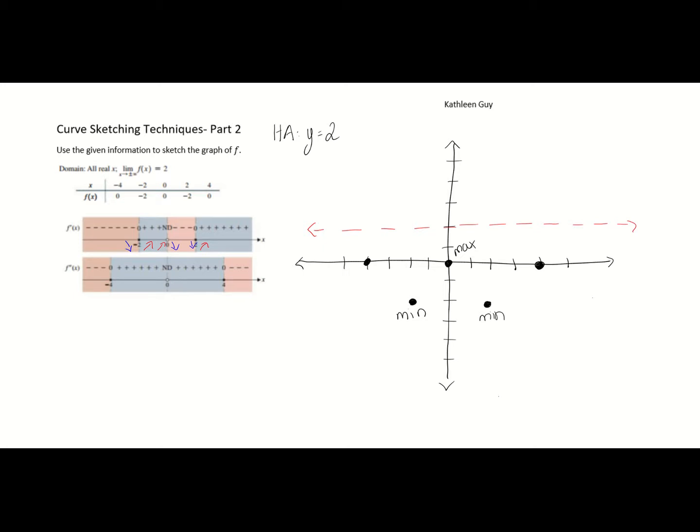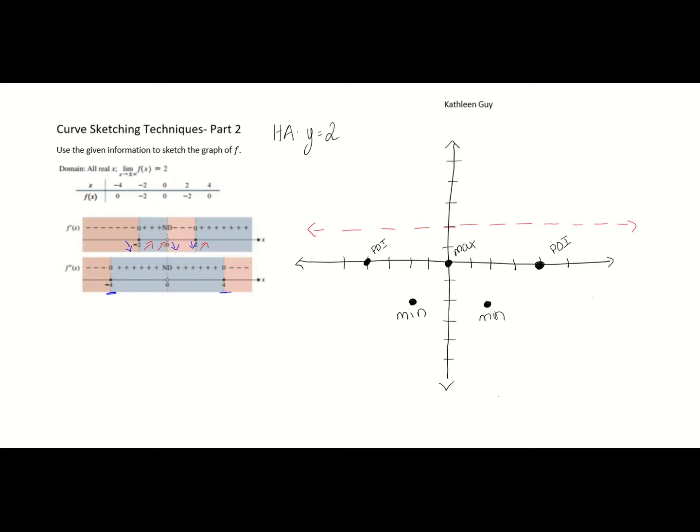So I will have inflection points, changing the concavity at -4 and at 4. And again, every number is part of the domain, so anywhere it changes concavity is a point of inflection. So this will be a POI, or IP for inflection points, whatever helps you label. And then I need to take a look at how I'm starting.